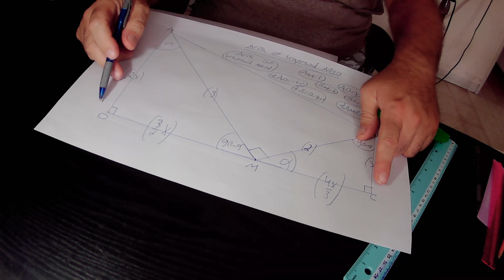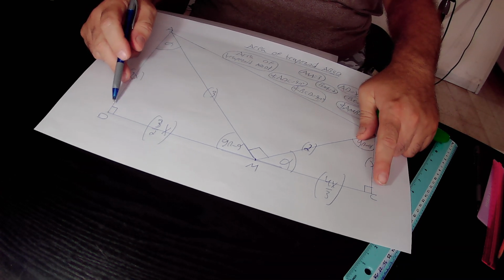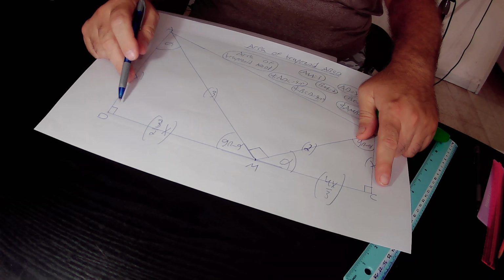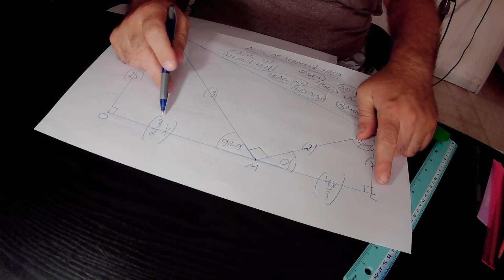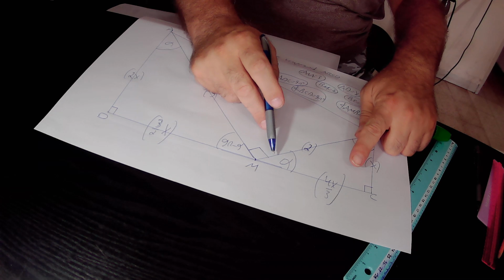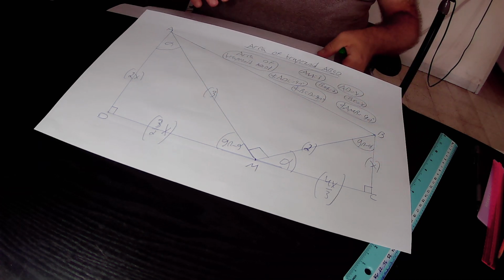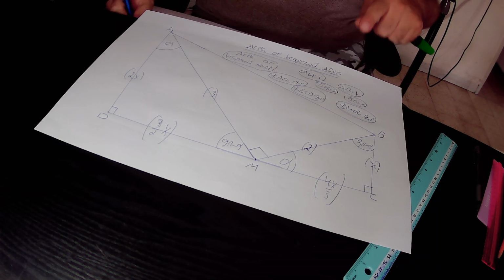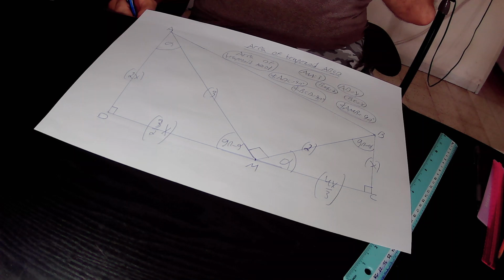DC in total equals DM plus MC, that is to say, DC equals DM, that is 3x over 2, plus MC, that is 4x over 3. So DC equals 3x over 2 plus 4x over 3, all divided by 2.